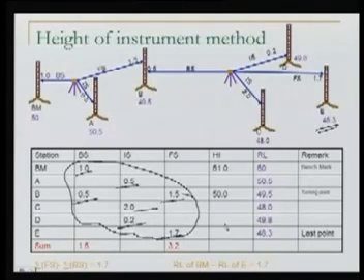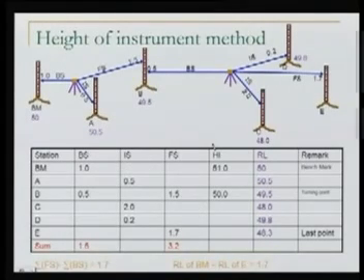Now, while we are doing the computation, we can have some checks on whether we are computing correctly or not. The first check is that sigma backsight minus sigma foresight should be 1.7. What I am saying here is, you sum up the backsights, sum the foresights and find their difference.